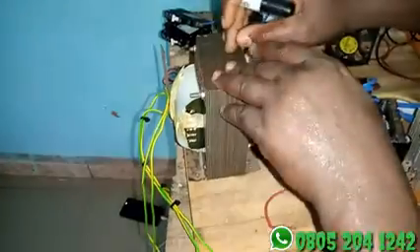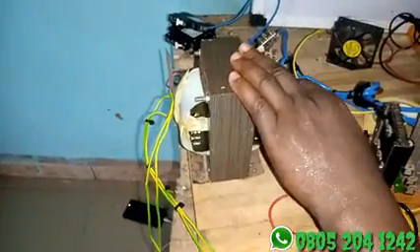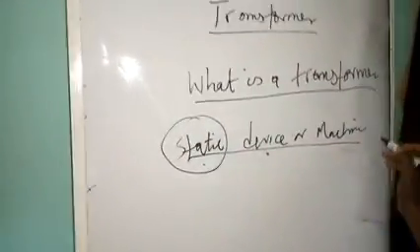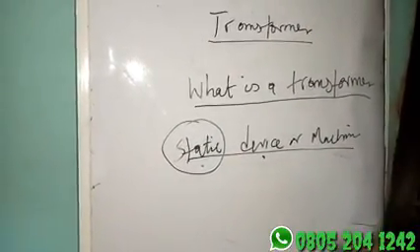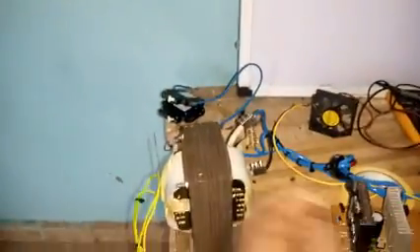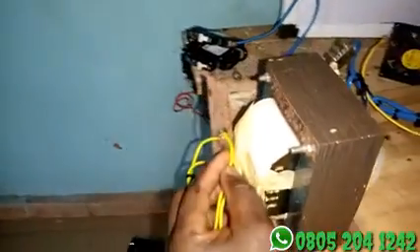It just stays as you put it there. That's why we use this word, a static device or a machine. As a machine, it transfers power from the primary circuit to the secondary circuit.